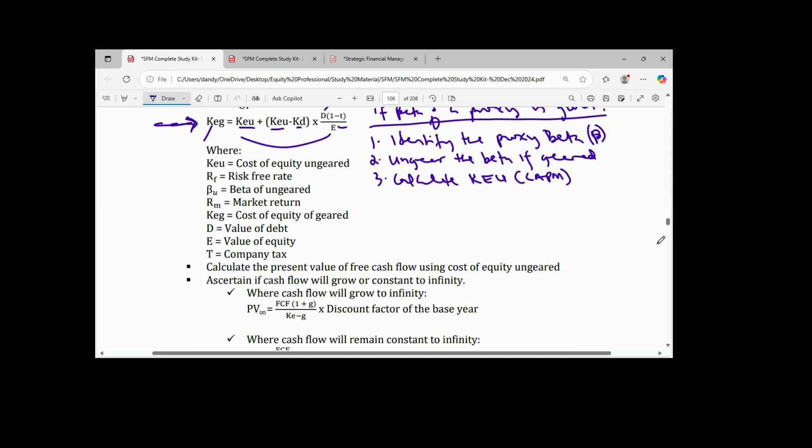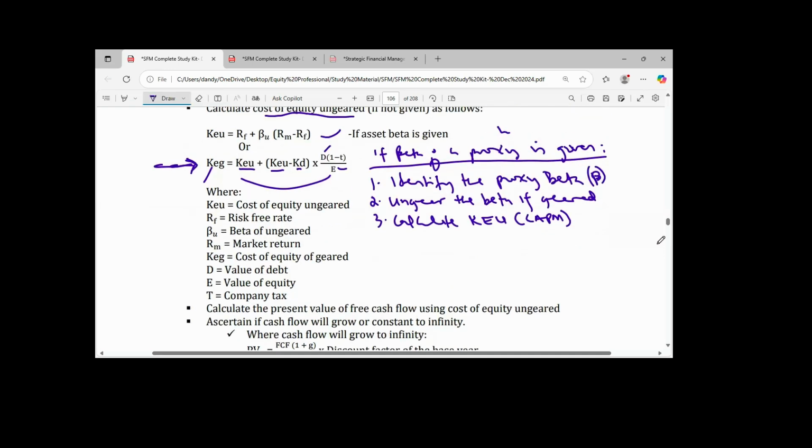Then the third one is if you are given the WACC of a proxy company. If WACC of a proxy company is given to you, then you need to calculate the WACC ungeared. But before that, let me just rewrite this. Number B, if cost of equity of a proxy is given.